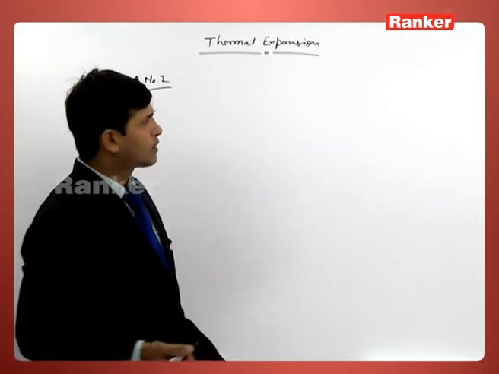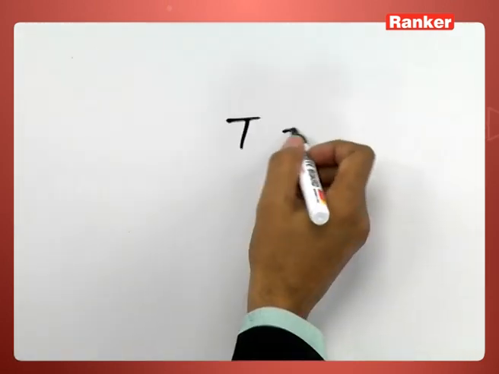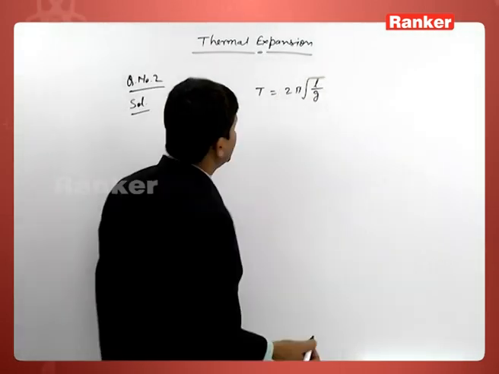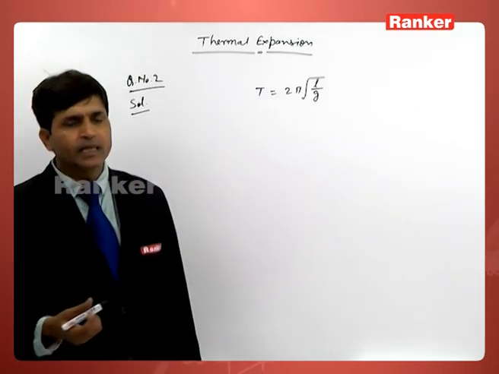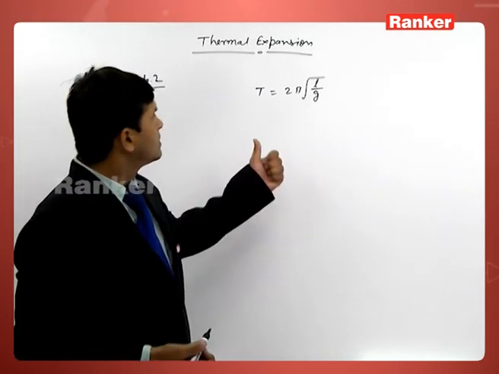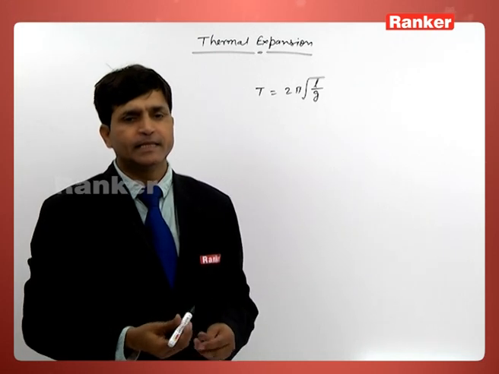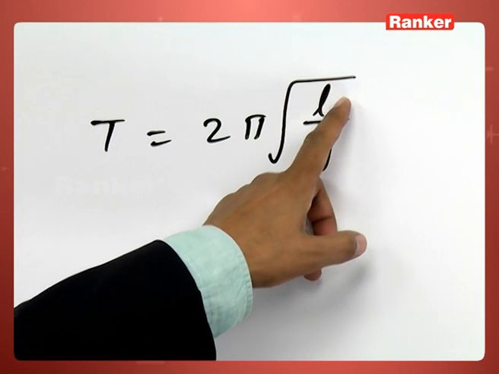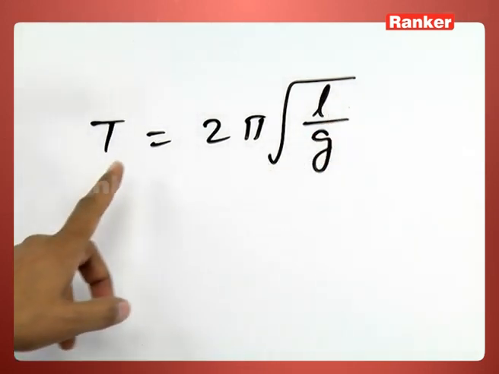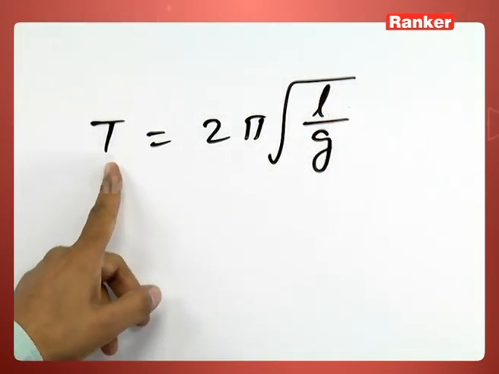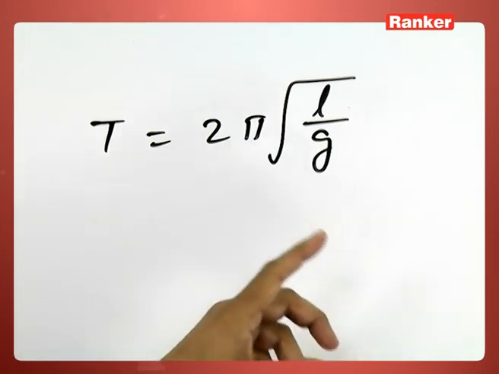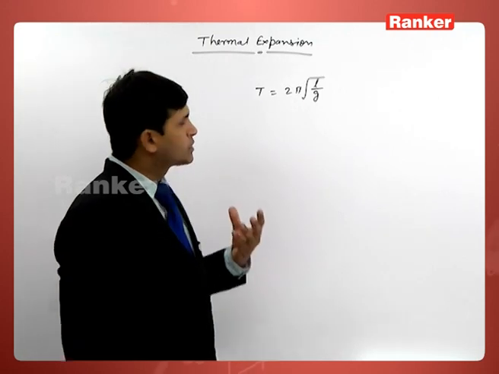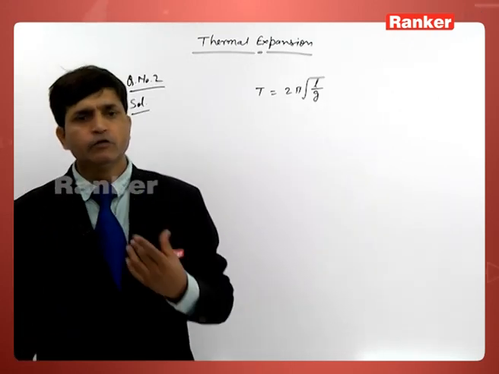As we know, the time period for this is given as 2 pi root L by g. As the temperature changes, if temperature increases, the length will increase, so the time period will increase and the clock becomes slow. The clock becomes slow, so we will lose time.